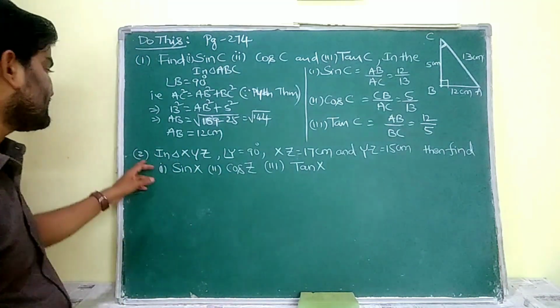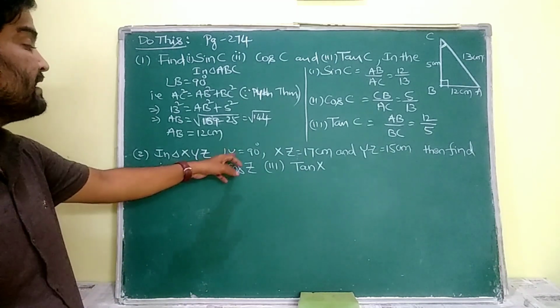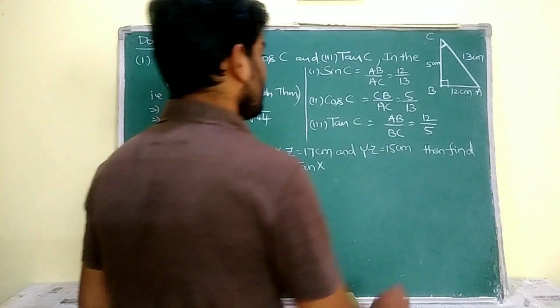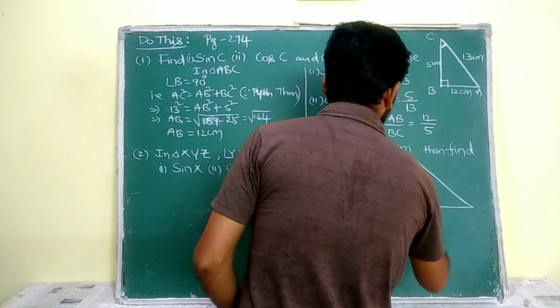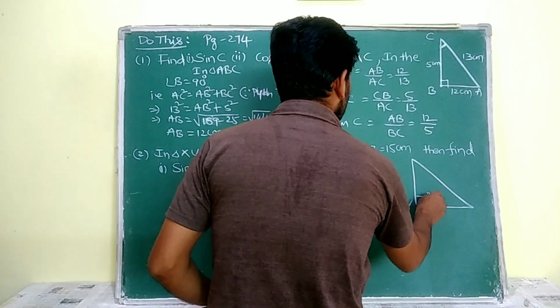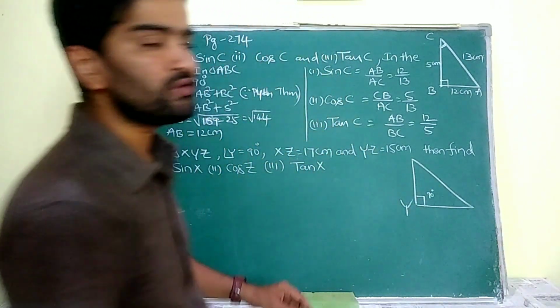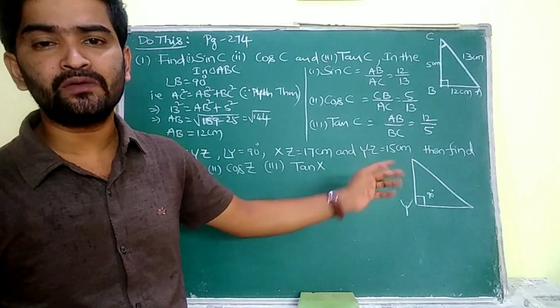Now, in the second question, in triangle XYZ, angle Y is equal to 90 degrees. So, firstly you have to draw the respective triangle with the given values. Here he said angle Y is 90, so I am going to write that 90 at Y. You may place X and Z in the remaining two vertices.